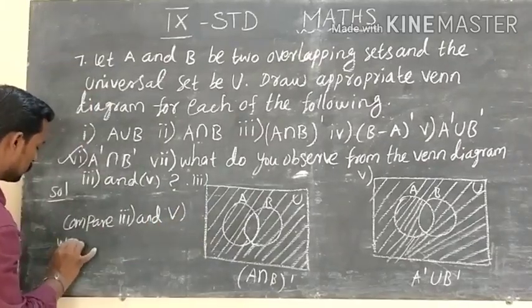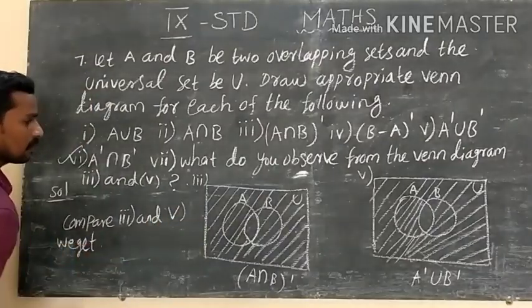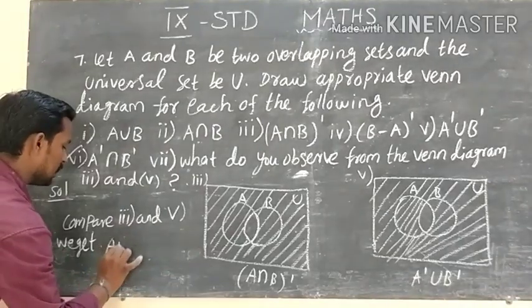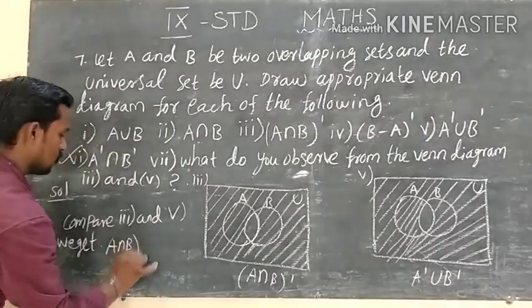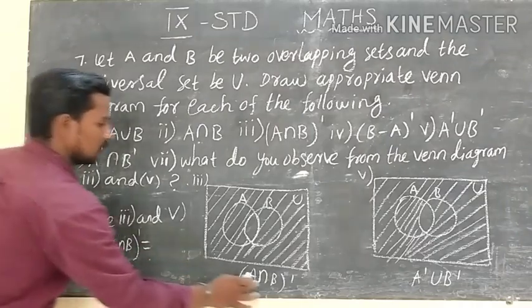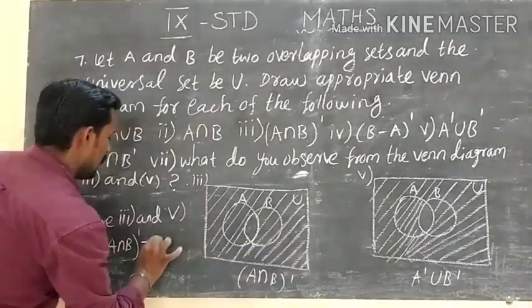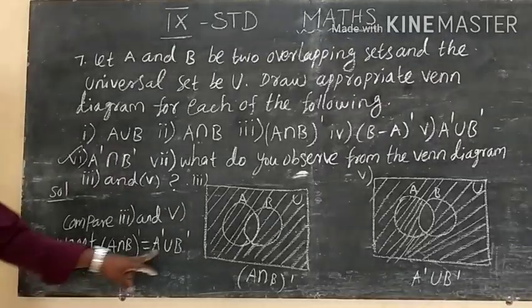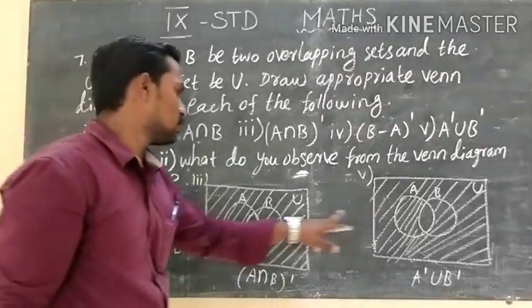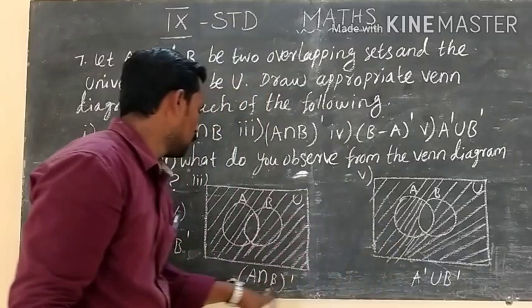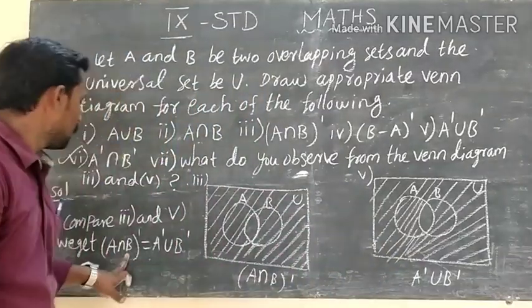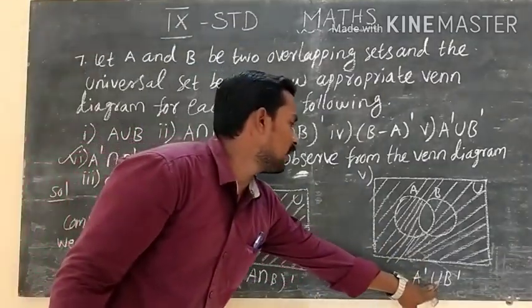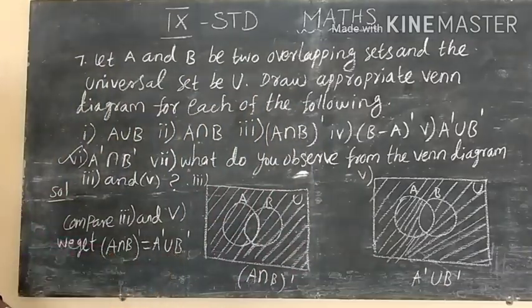We get A intersection B the whole complement is equal to A complement union B complement. One result exists. These two diagrams are equal, so A intersection B the whole complement equals A complement union B complement. This is your result.